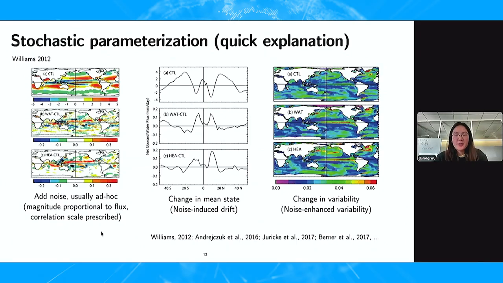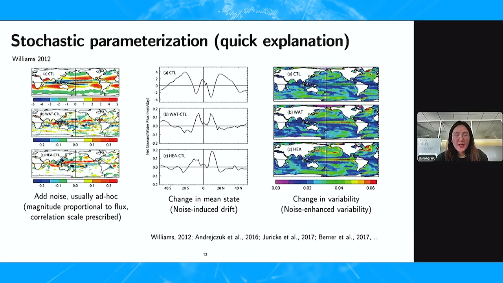And this is just a quick overview of stochastic parameterization, particularly for air-sea fluxes. There have been works exploring it in the context of climate simulations, but usually the noise is added ad hoc with, for example, a magnitude proportional to the flux itself, given by Williams 2012.